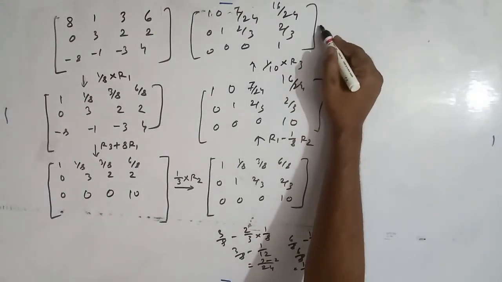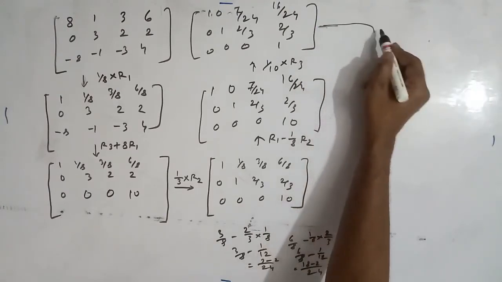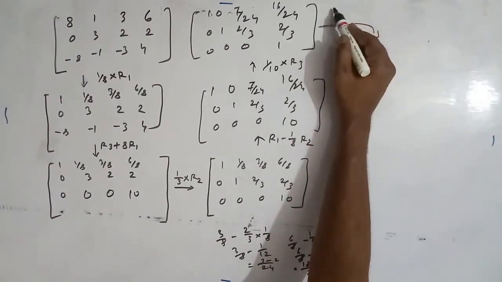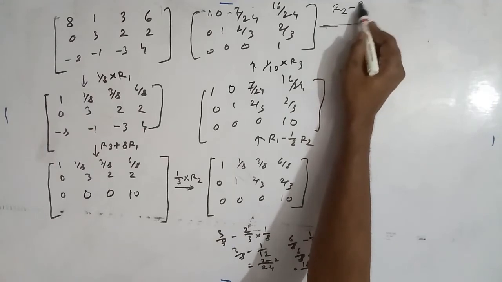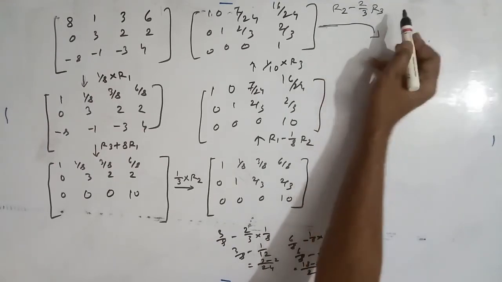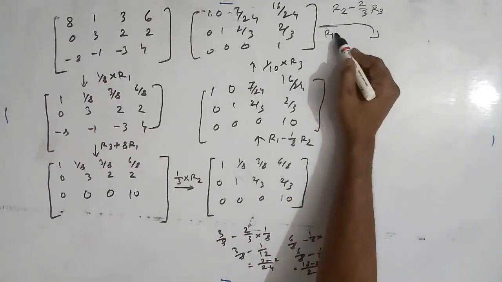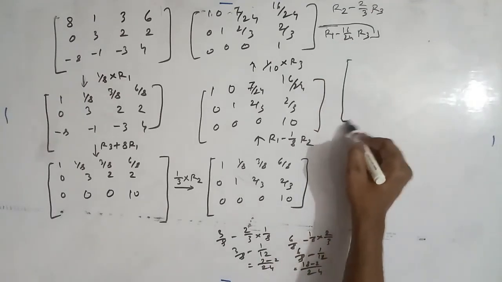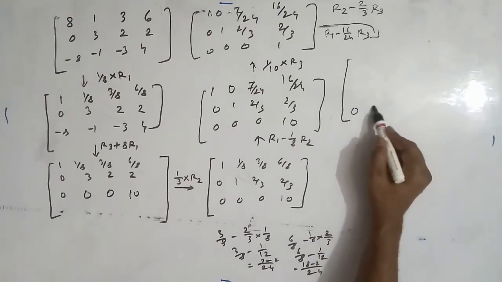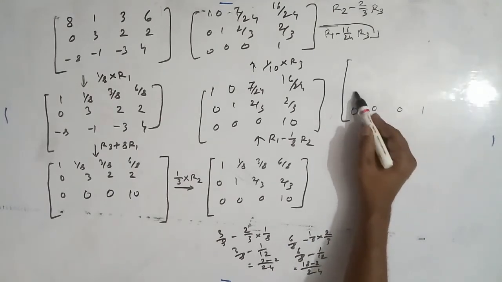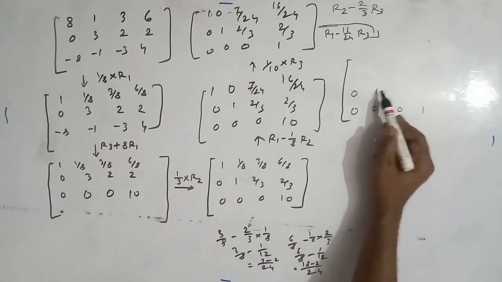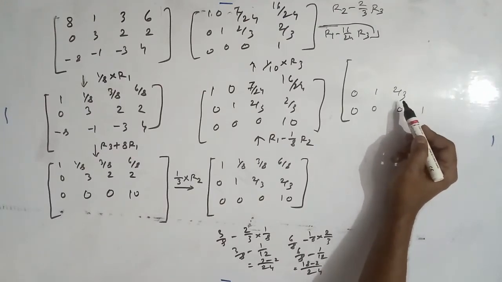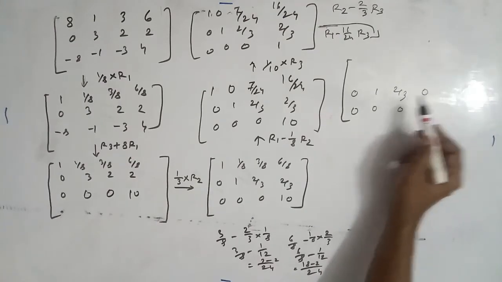Okay. Now the operation will be R2 minus 2 by 3 R3 and R1 minus 16 by 24 R3. So this will be 0, 0, 0, 1, 0, 1, 2 by 3, 2 by 3 minus 2 by 3 will be 0. Okay.